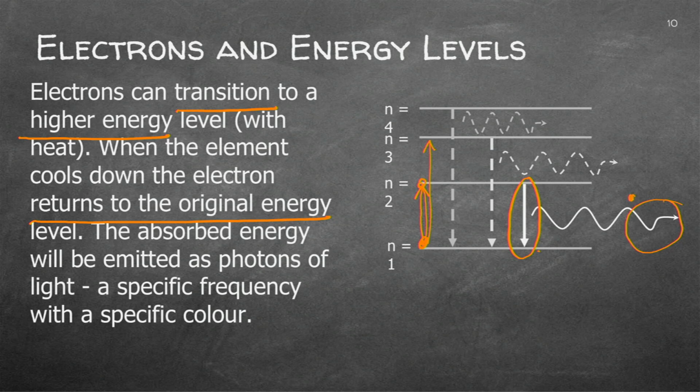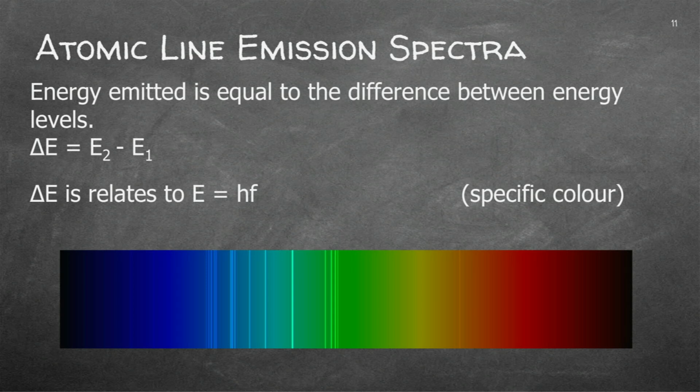Again, this will be particles, and because light has the dual characteristic of being a wave as well as a particle, you will see this as a specific color. The atomic line emission that is going out is actually related to the difference between the energy levels.